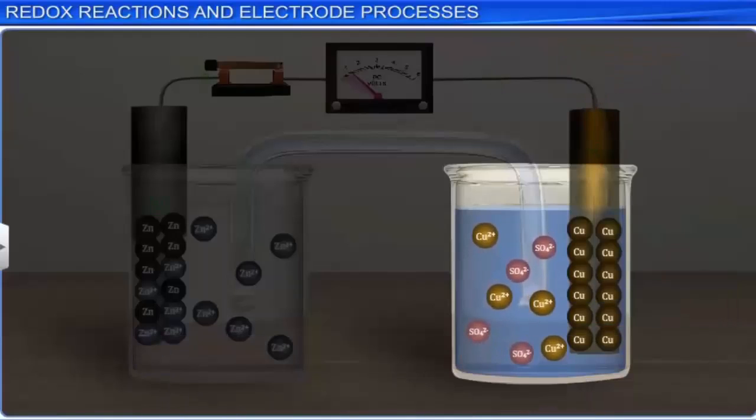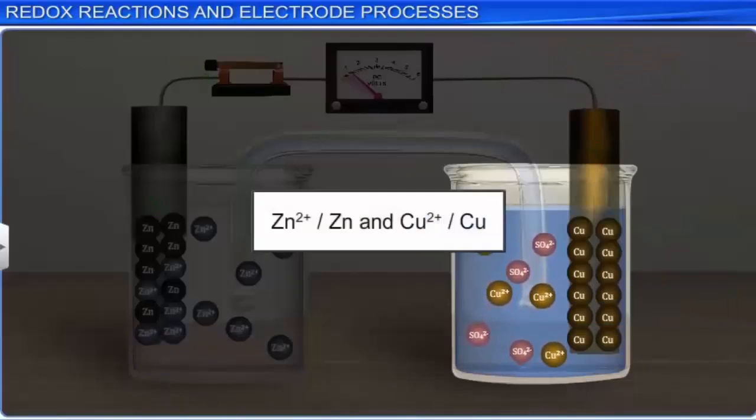In the cell notation, a slash is used to separate the oxidized form and the reduced form in a couple. The overall cell is represented by writing the oxidation half cell on the left-hand side and the reduction half cell on the right-hand side, both separated by 2 vertical lines.